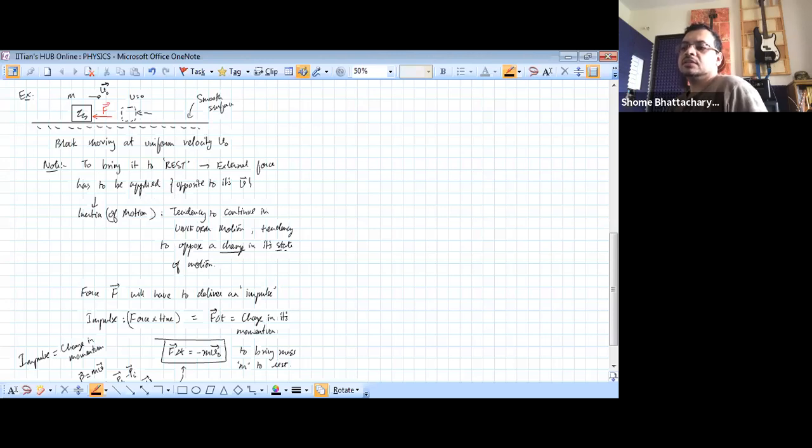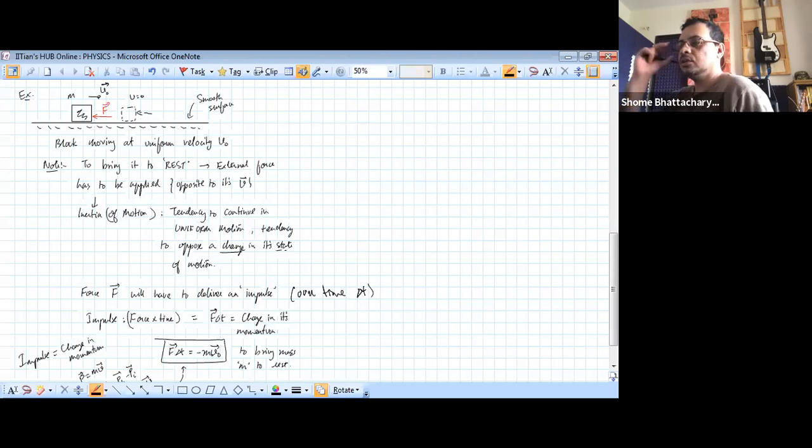So that is where the concept of impulse comes in. The force has to deliver an impulse over a time interval delta t, and that impulse has to change its momentum from the initial value, mv naught, to 0. So that impulse will exactly equal the change in momentum.